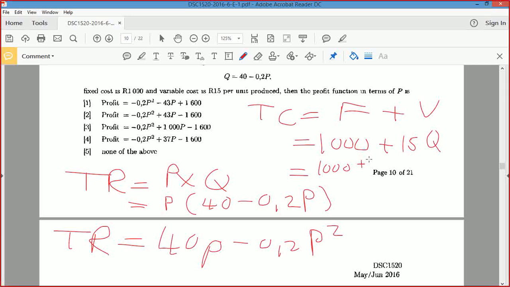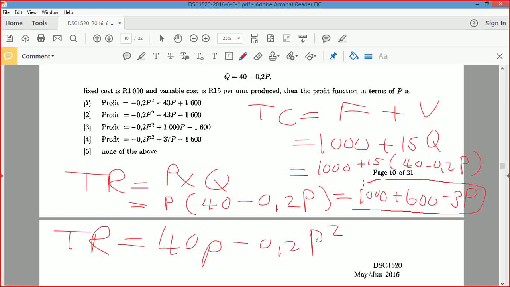Yes, I do. 15 brackets 40 minus 0.2p. Okay, so 1,000, 15 times 40 is 600. And 15 times 0.2 is 3, so minus 3p. Okay, there's your equation.